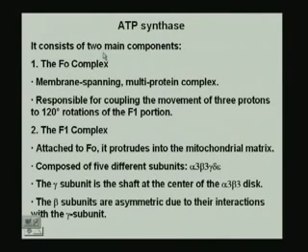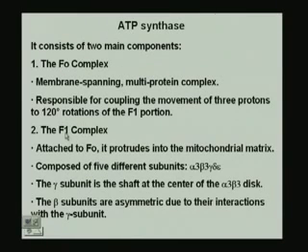What we need to know now is that in ATP synthase there are two main components, an F0 complex and an F1 complex. The F0 complex is the membrane spanning, multi-subunit complex, and it is responsible for the motion of the protein. We will see what that is in a moment.